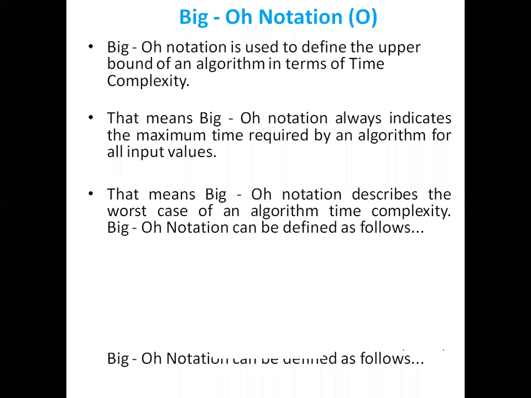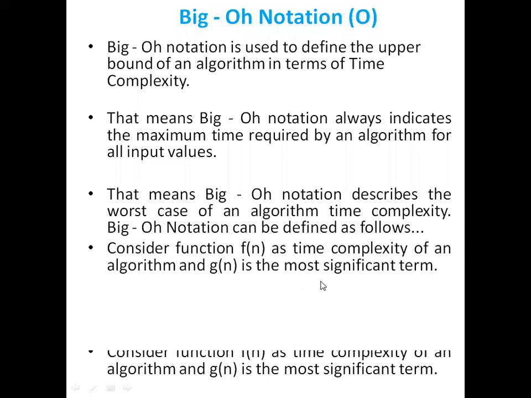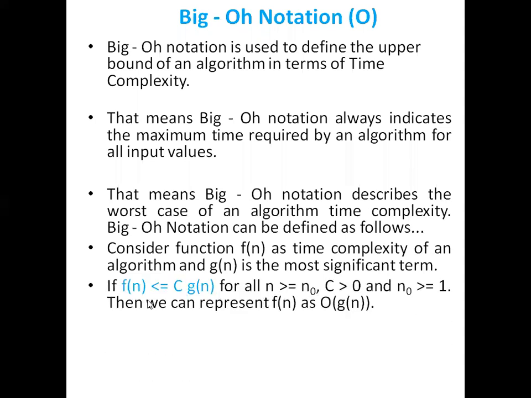For that worst case time complexity for the particular algorithm, if there are two functions, f of n for time complexity and g of n is most significant term, these two functions are related to each other such that f of n is less than equal to c into g of n, where c is a positive constant and n is always greater than 1.